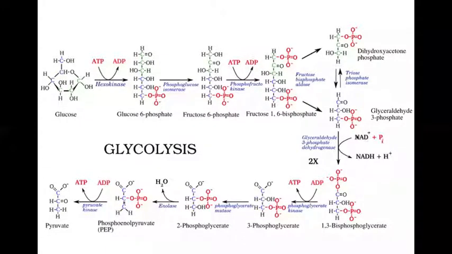This molecule is called NAD. I'm not going to go into its structure, but just think of it as a carrier of high energy electrons. And so you take a pair of electrons from here, put them on here to make this molecule here. This is going to be a central player in the making of ATP because it's carrying electrons that we can use to force phosphates to go on the end of ADP to make ATP.